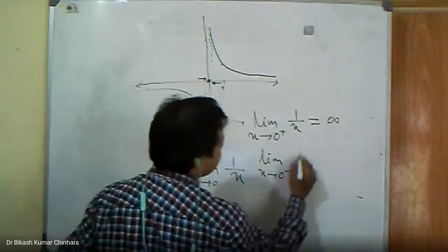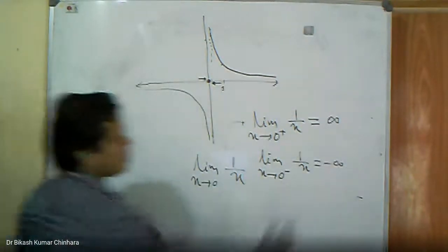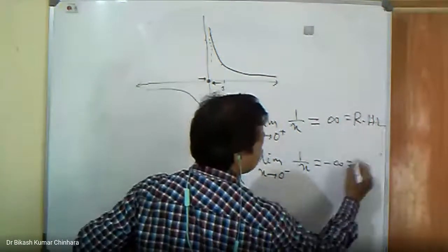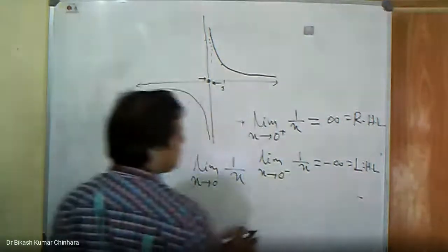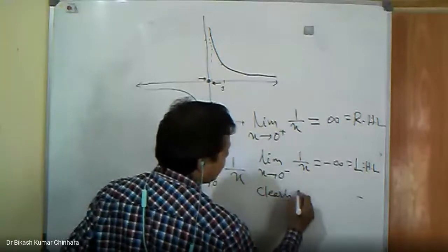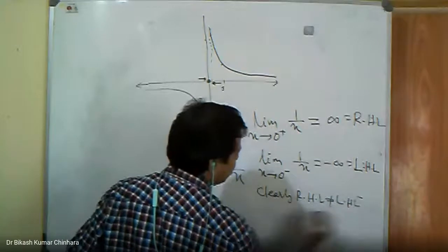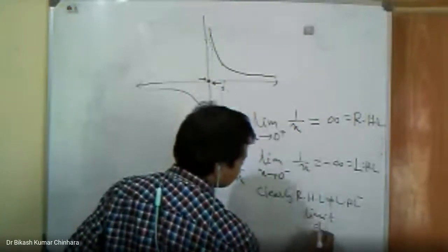Its value, 1 by x, is equal to minus infinity. So this is your RHL and this is your LHL. Clearly RHL is not equal to LHL. Therefore the limit does not exist.